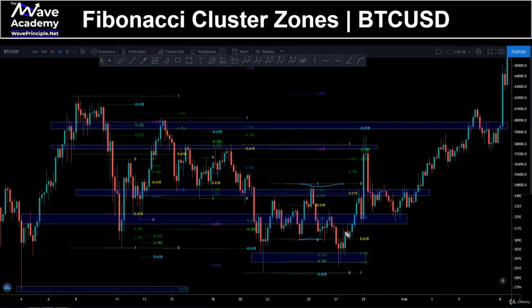And what happens when you do all these Fibonacci everywhere, it's going to look a little cluttered, but don't mind that. The only thing that you need to do is find these numbers, and when they are close together, trace a box between these levels that match each other. That's an important place where you want to see how price reacts.